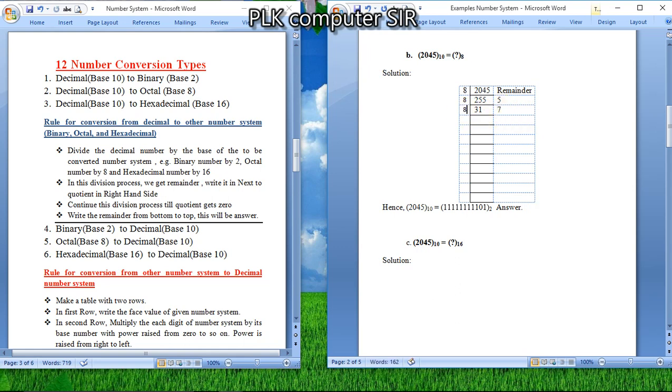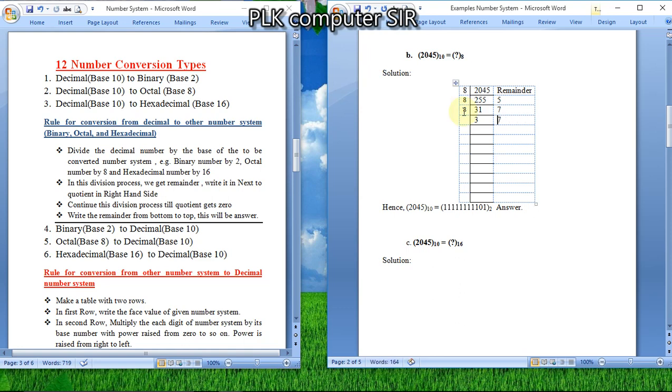Again, if you divide 31 by 8, you will get 3.88, we don't need this. What we have to do? 31 minus 8 into 3, it will come 7.